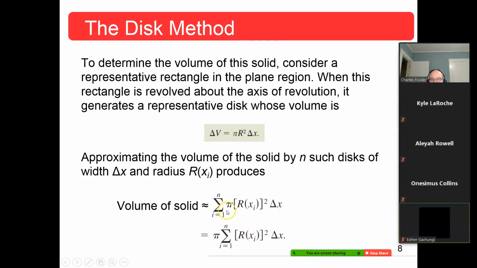Now, in that summation, you can pull the pi on the outside. Pi is just a constant, a number. It's not going to interfere with the integration at all. Pull it on the outside, and what you have now is a summation from i equal to 1 to n of your r of x sub i squared times your delta x.